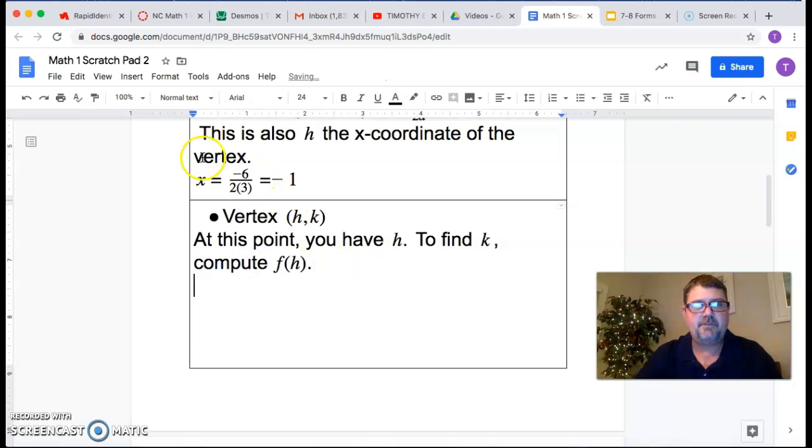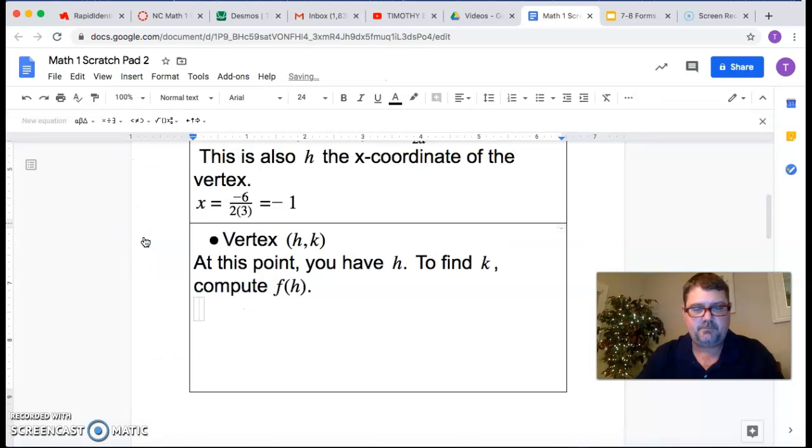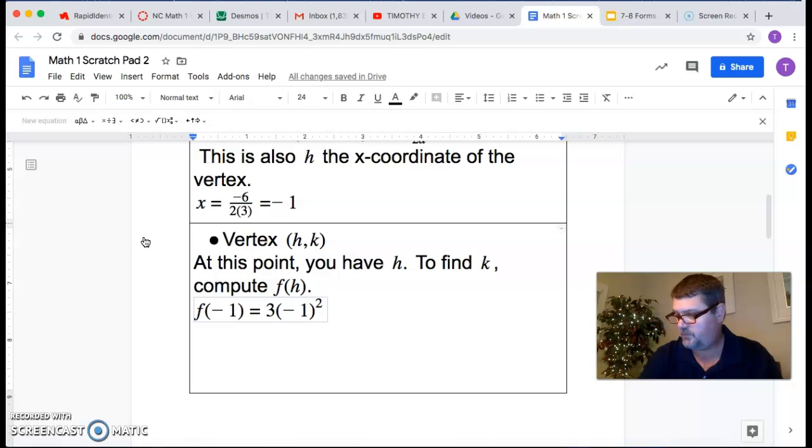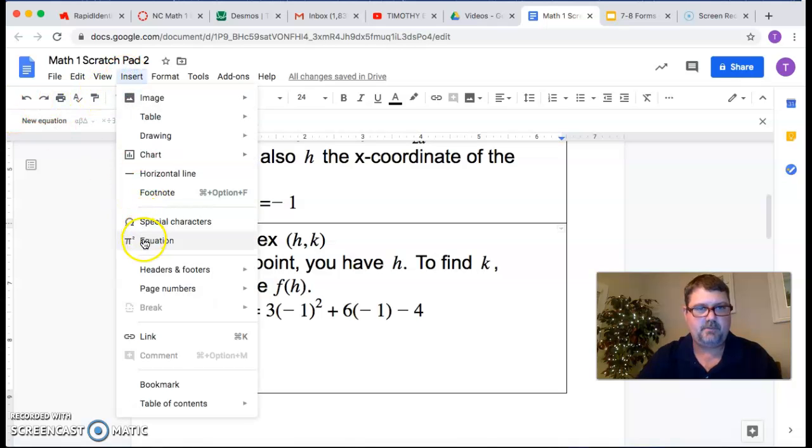What we have to do is evaluate our function at negative 1. So we plug that in. f of negative 1 equals 3 times negative 1 squared, plus 6 times negative 1, minus 4. A little basic math going on.